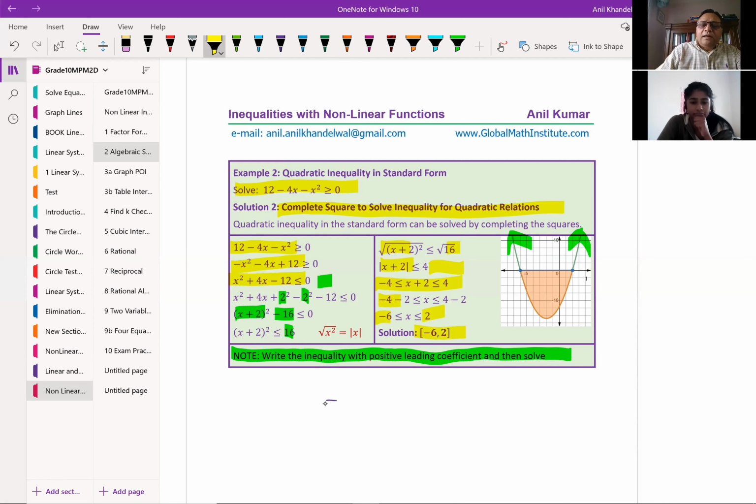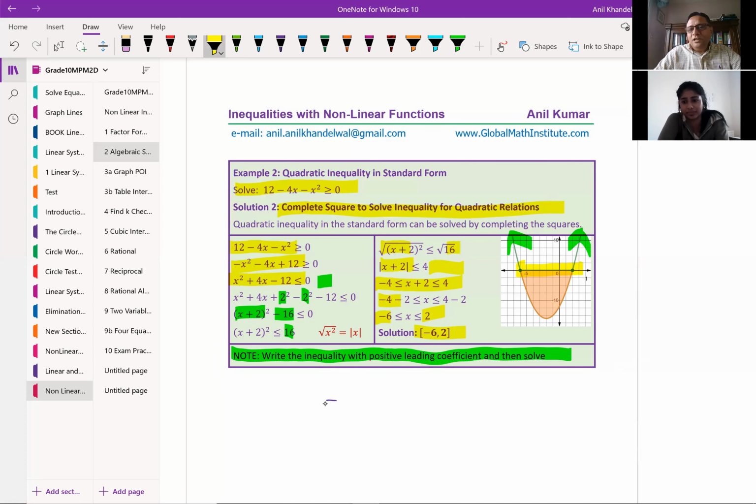Both are included, and therefore we have a solution within -6 and 2, both included. As shown here in the figure also, you can see that the circles are filled in to show that that is the interval, which is the solution for this particular example. Is this clear to you?